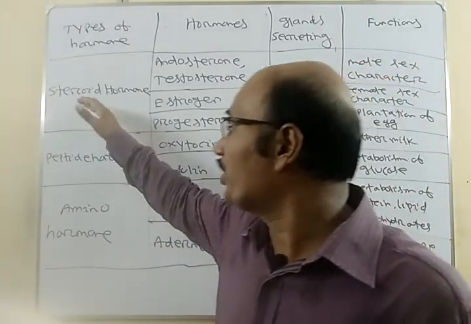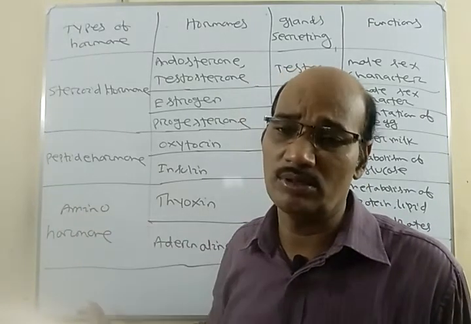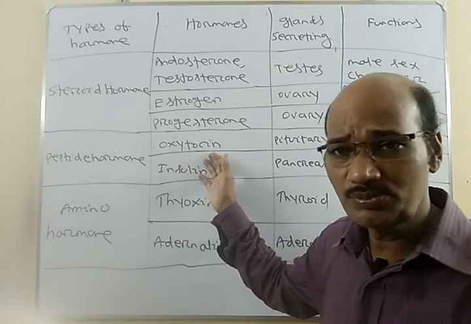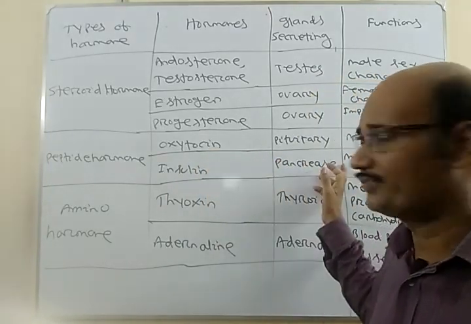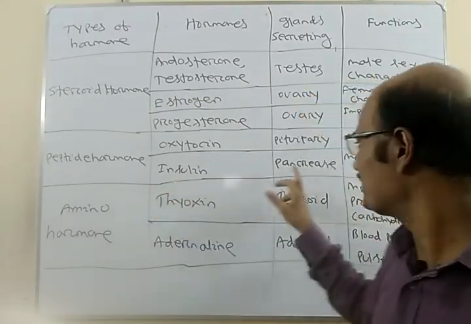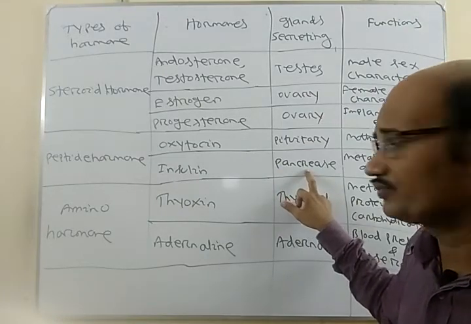Now, the non-steroidal hormones are again of two kinds. One is your peptide hormone and the other is your amino hormone. Peptide hormones include oxytocin, secreted from the pituitary gland, which controls the mother's milk, and insulin, secreted in the pancreas gland, which controls the metabolism of glucose.